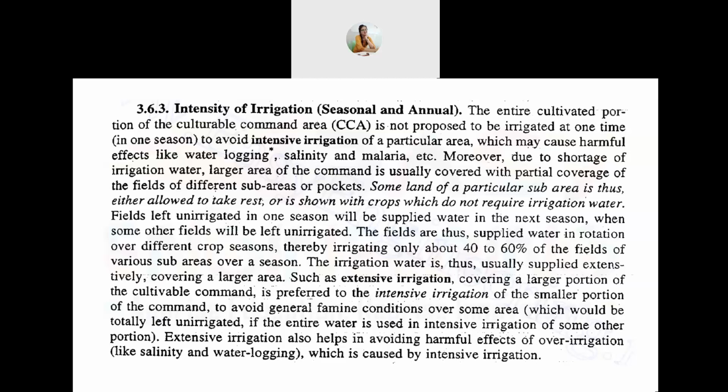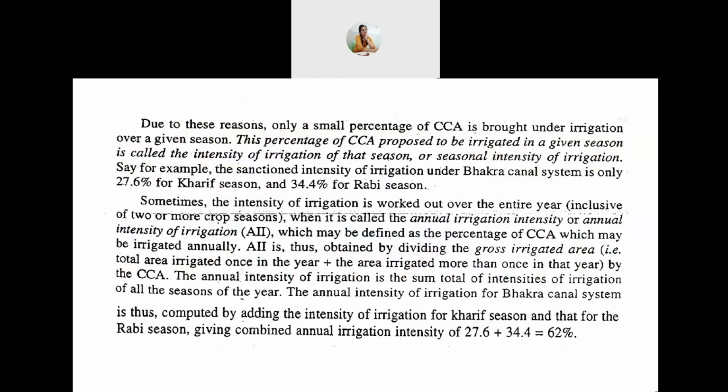Extensive irrigation also helps in avoiding harmful effects of over-irrigation like salinity and waterlogging, which we'll learn in our last unit, which is caused by intensive irrigation. Due to these reasons, only a small percentage of CCA is brought under irrigation over a given season.